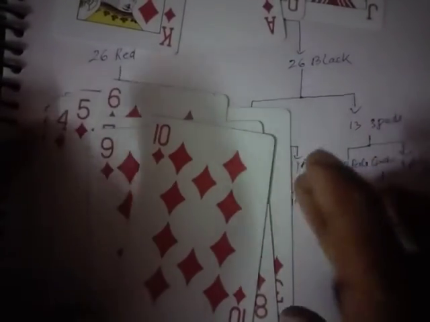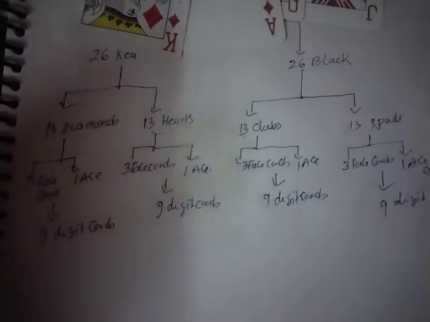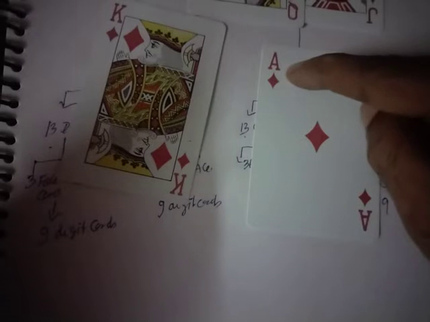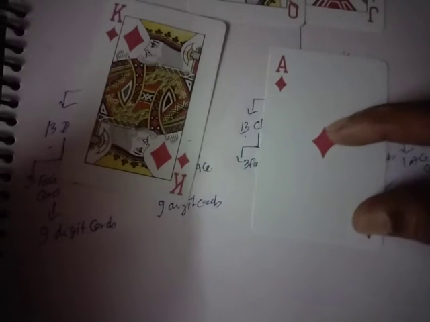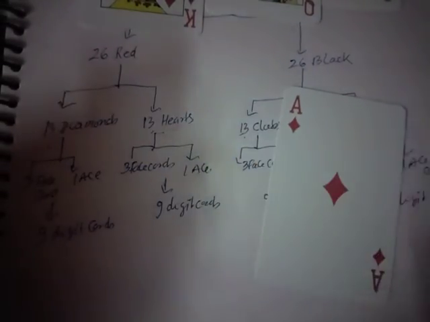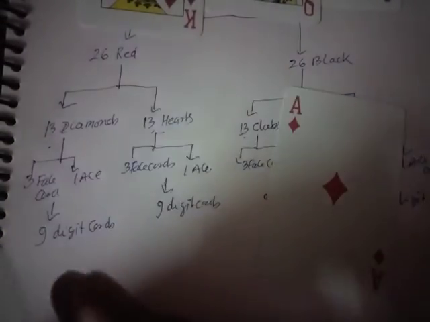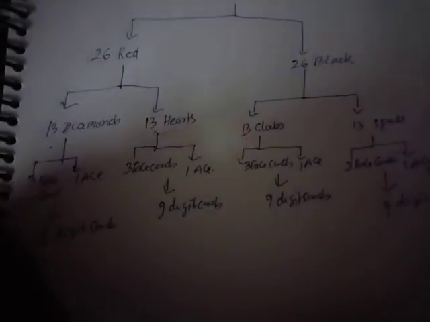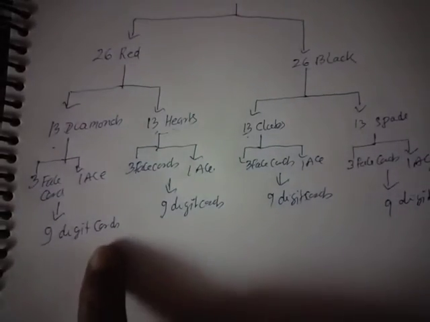The cards where a digit is written, 2 through 10, are called digit cards. On the ace card, no digit is written, only A is there. So this is the ace card, the ace of diamonds. So in each group of red and black, 3 face, 1 ace and 9 digit. Okay student, so a total of 13 cards is here.